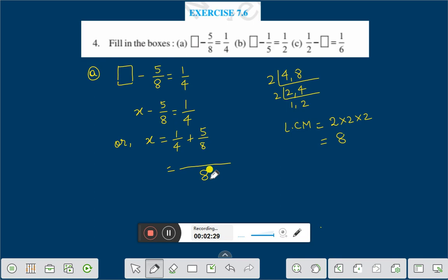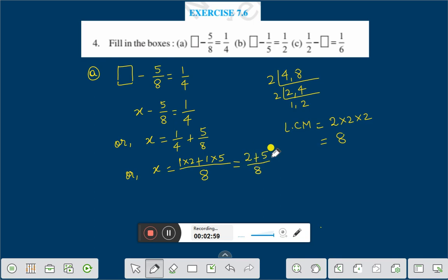And here you see, if you divide 8 by 4, you will get 2, that is 1 into 2, plus if you divide 8 by 8, you get 1, that is 1 into 5, right? Therefore, you are getting 2 1 is 2 plus 5 1 is 5 by 8.